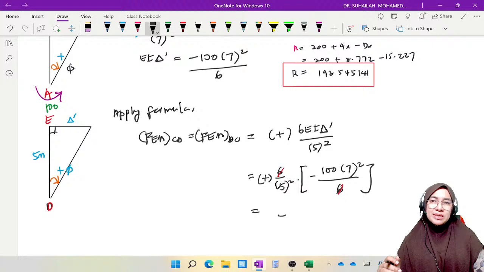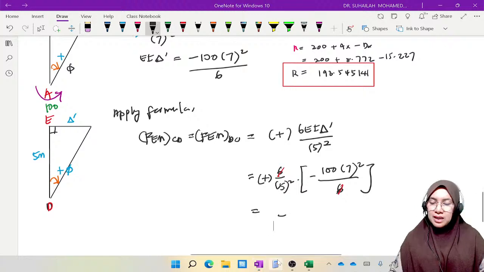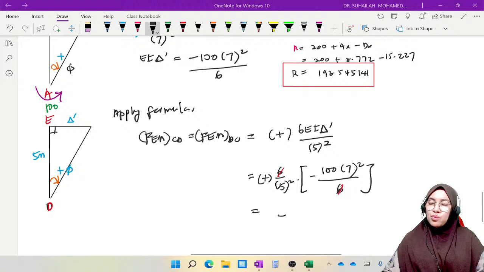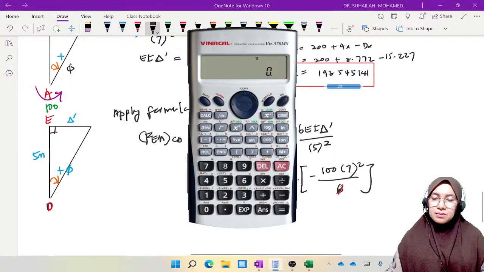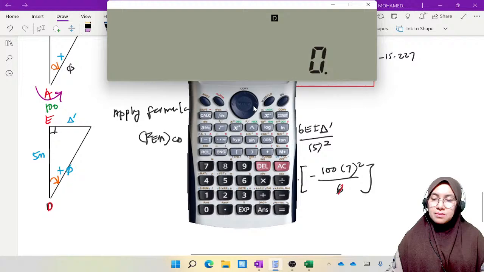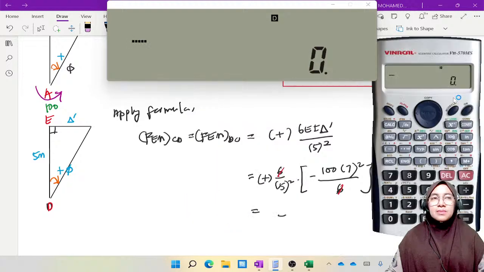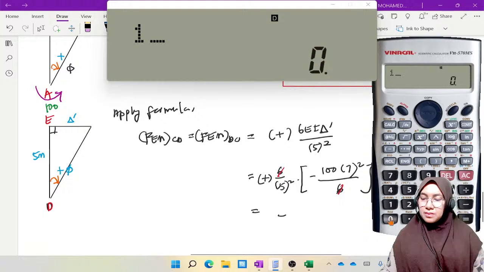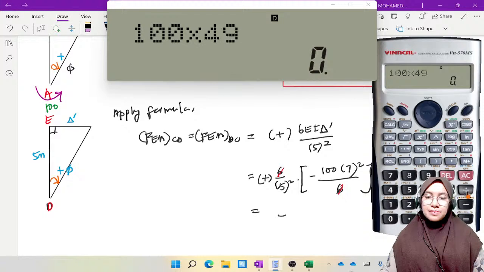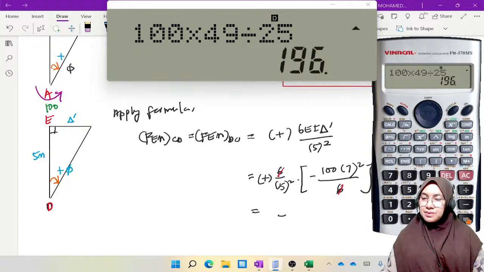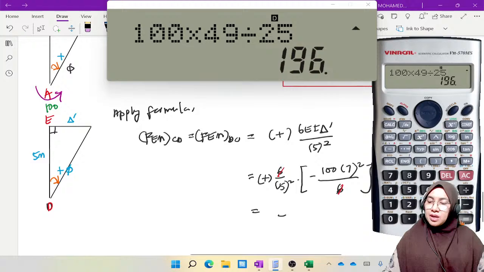We want to calculate this value: 100 times 49 divided by 25. We get negative 196.